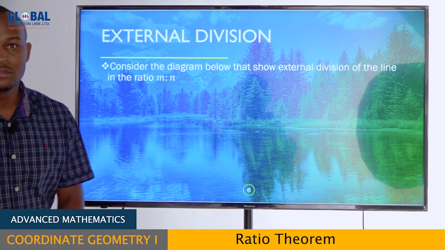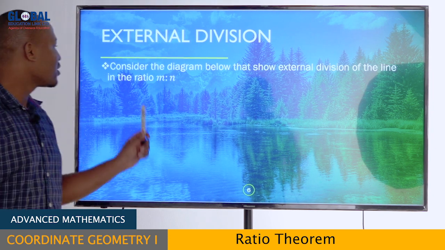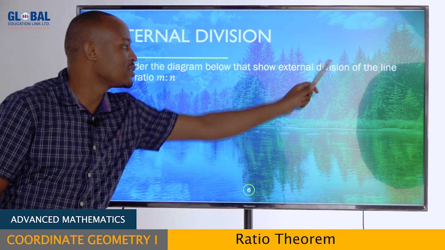Now, external division of a line. Consider the diagram below that shows the external division of a line.